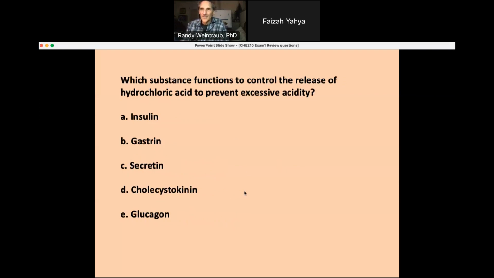Which substance? So here's our, among our 3 most important digestive hormones, which one stops or controls the release of HCl to prevent excess? We saw that in a negative feedback system, and that's the gastrin.